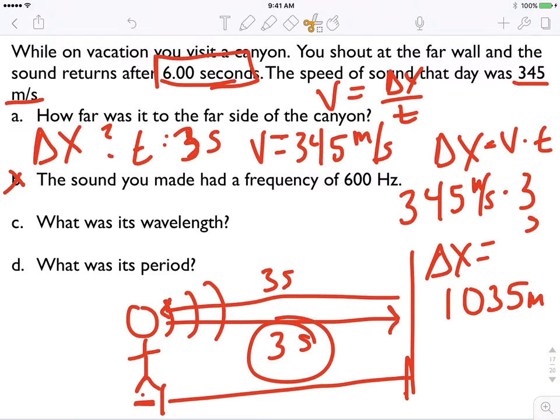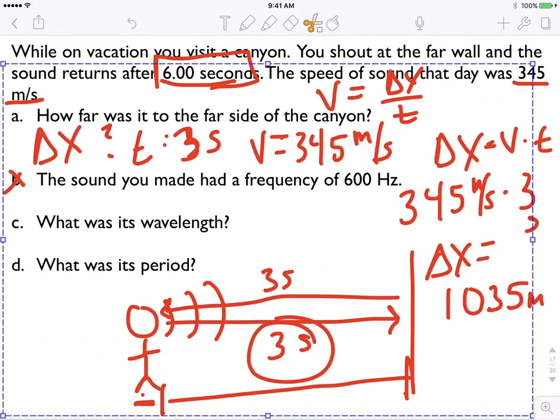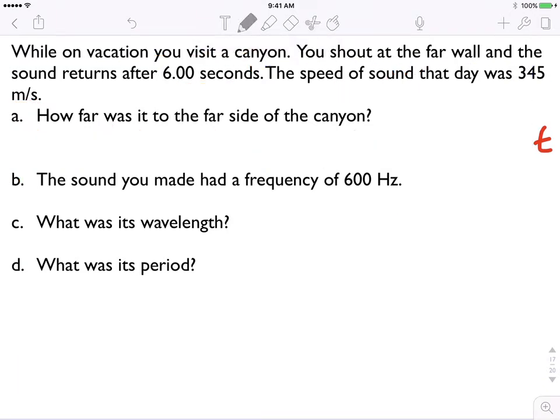Next part is asking to solve for the wavelength and the period if we have a frequency of 600 hertz. So now we can use our wave equation, v equals wavelength times frequency, and set this up to solve for wavelength: wavelength is equal to v over f.